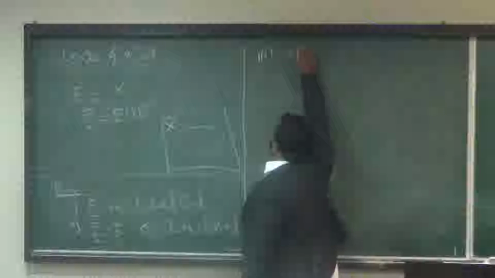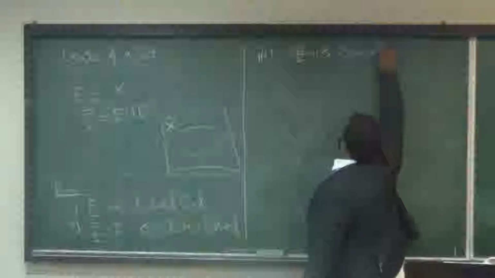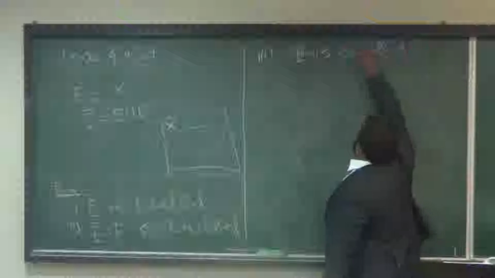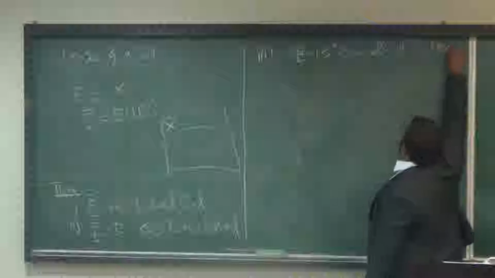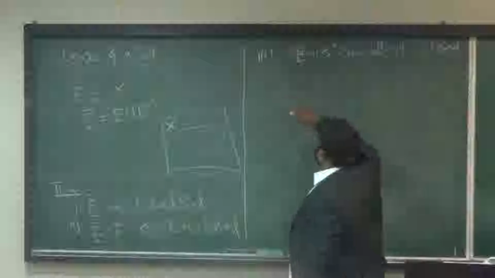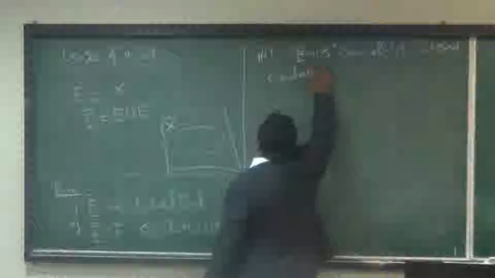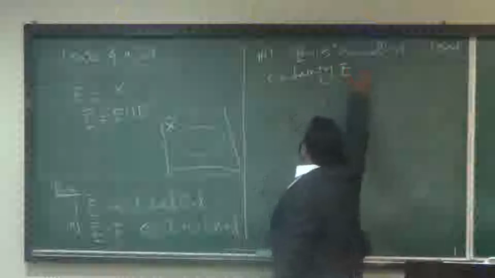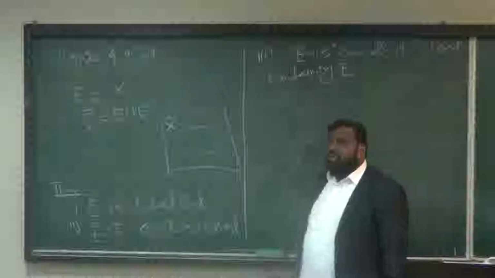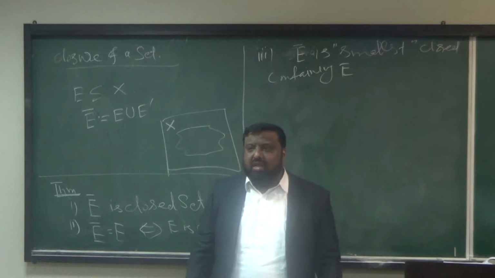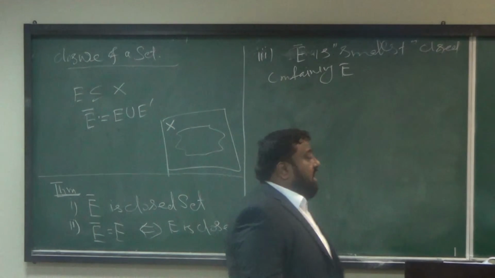So it's like if I say closure of E is the smallest, in inverted commas, closed set, we'll define what I mean by smallest closed set, containing E. So in other words, if you are computing a closure of a set, you are basically determining the smallest closed set which contains that set.